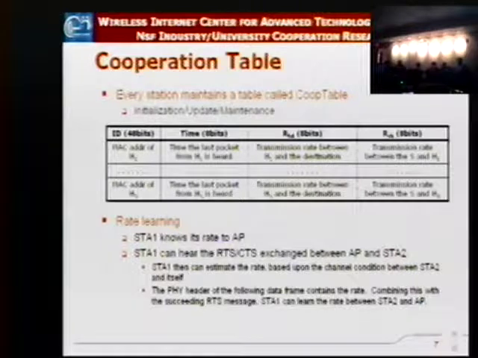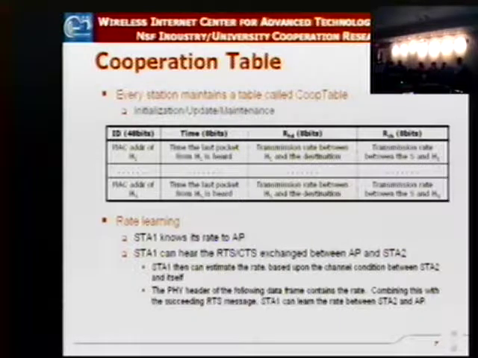In order for the station to learn the rate for the first hop, it can hear the RTS, CTS exchange between the receiver, which in our case is the access point, and the helper. And from there, based on the SNR, it can learn the rate for hop 1.